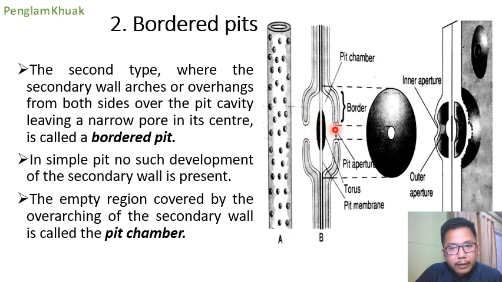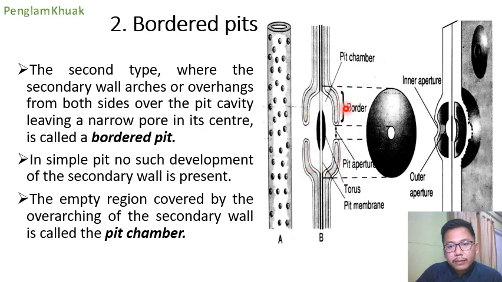Over the pit cavity, this black portion is called a torus, and it contains the pit membrane. Here primary wall and middle lamella will be present, and they will leave a narrow pore at the center. Because of this, it is called a border pit, as it contains a border from here, here.